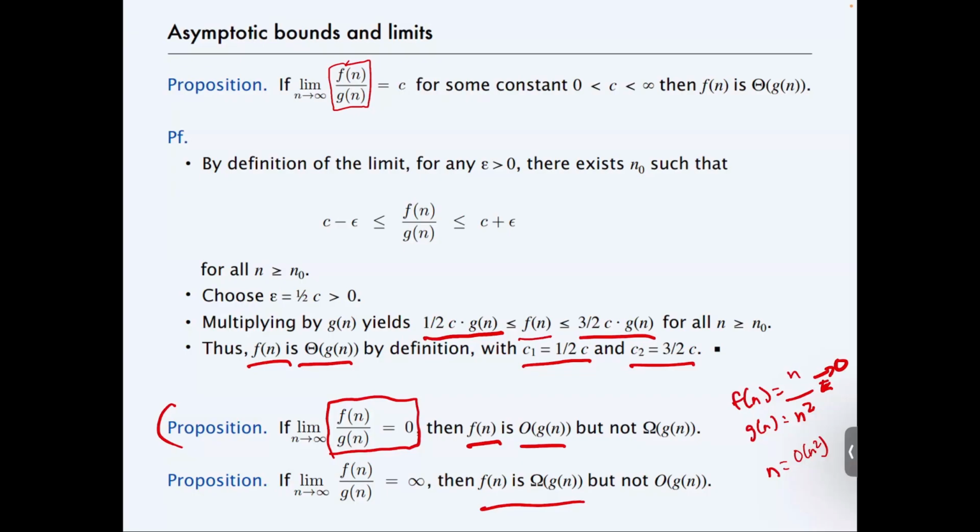If the limit is 0, that tells you one is big O of the other. If it goes to infinity, one is omega of the other. If it goes to some non-zero constant, then they are theta of each other. So limits let us compare functions by asking which one dominates as the input size becomes enormous.